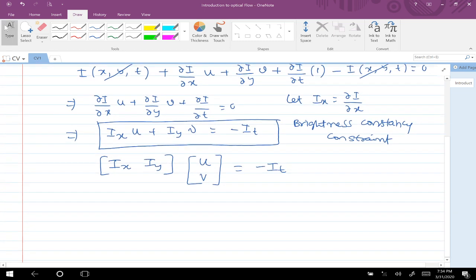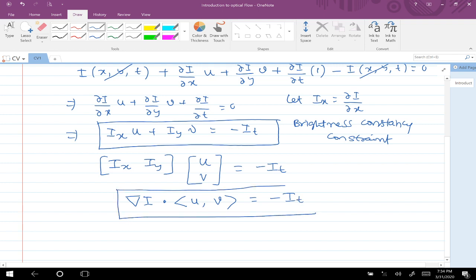I could also write this as the gradient of I and its dot product with (u, v) would give me minus I_t. You will see shortly, for a geometrical interpretation of the optical flow solution, this second representation would be handy for us.